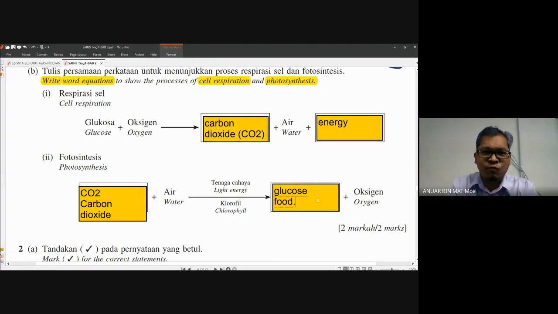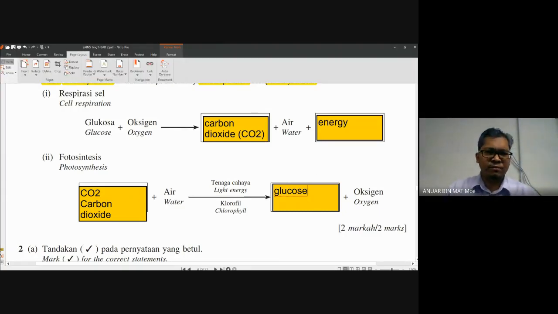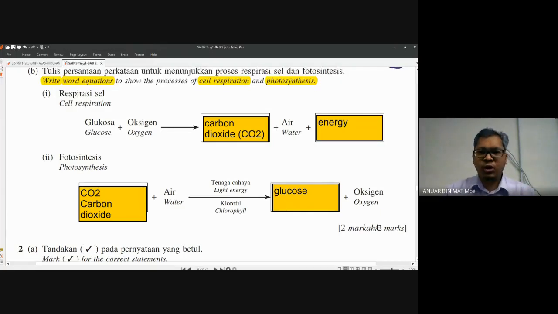There are many types of food. You must write the actual food there. We call it glucose. Glucose and oxygen. Food cannot. Not accurate because there are many types of food, right?